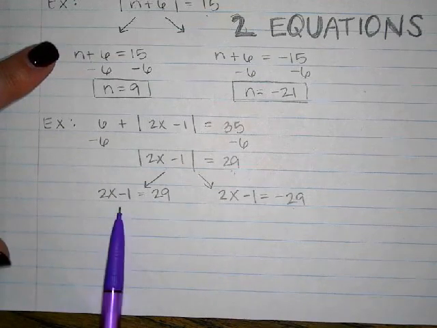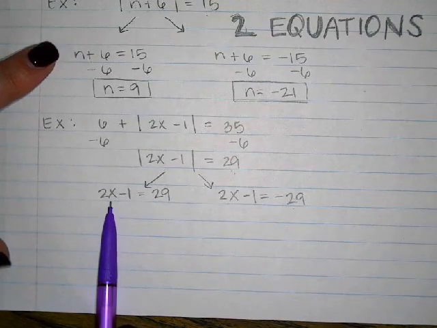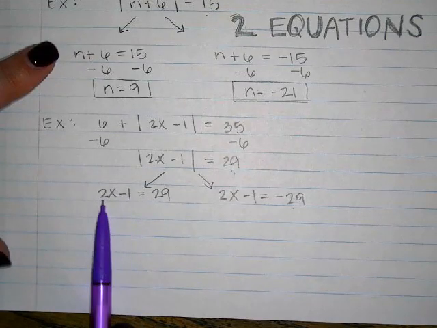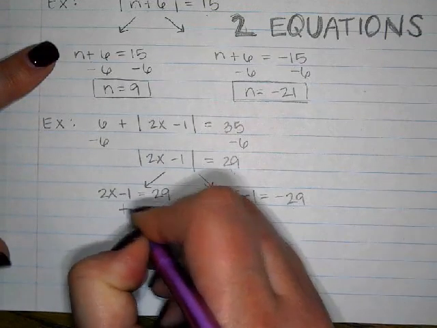We have the x right here. We want to add the 1 because we want to leave the x alone. So I'm going to add the 1 over to the other side. And I can do that on both of my equations.